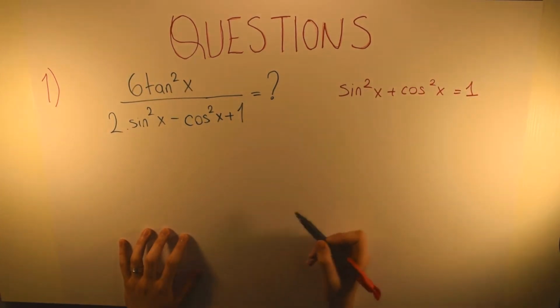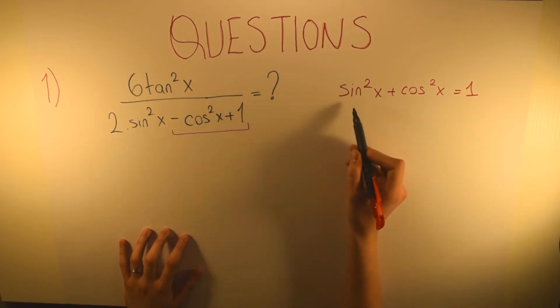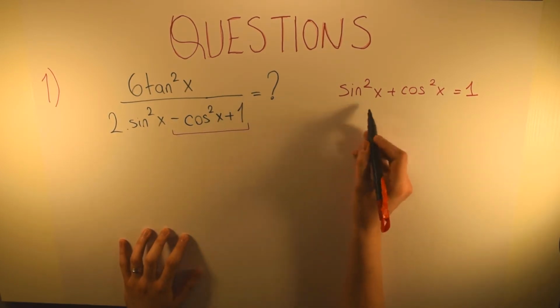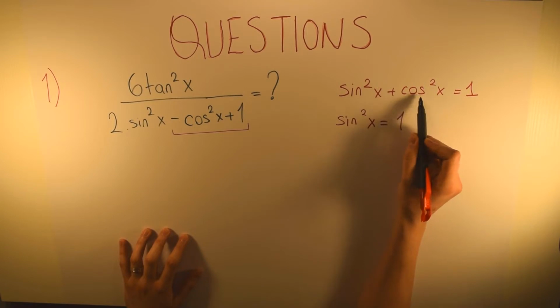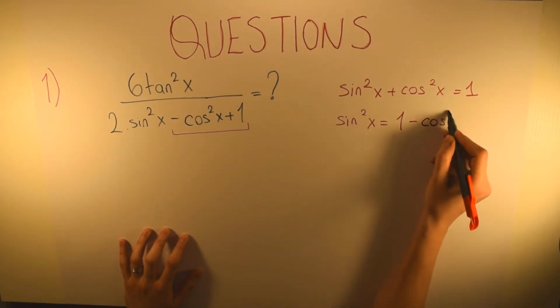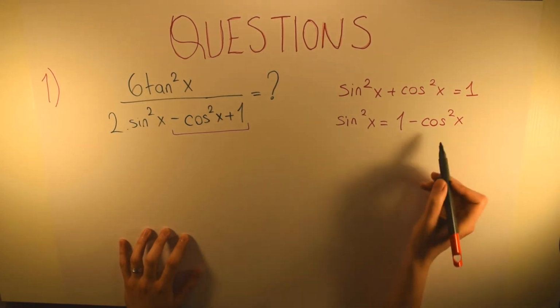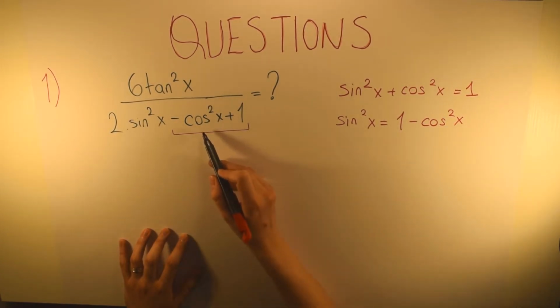So when I leave sine square x alone, it will be sine square x, which is equal to 1. I put this cosine square x to the other side, and it will be minus cosine square x. As you can see, we have minus cosine square x plus 1 also in our question.